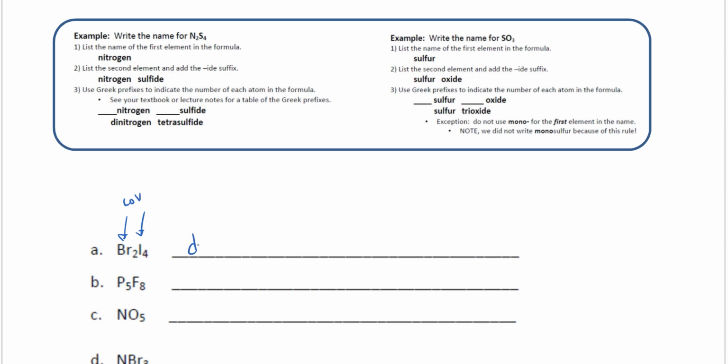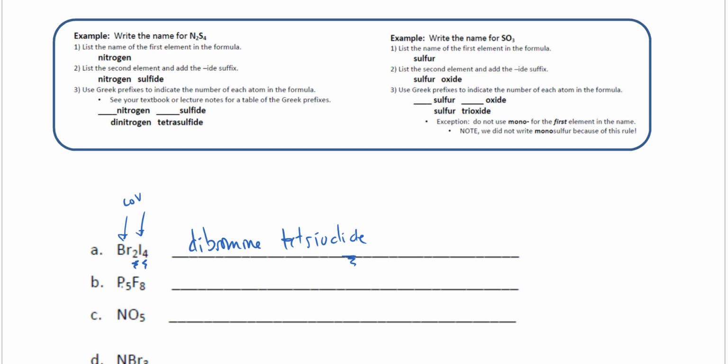Here I would write dibromine for 2, and then for 4, tetraiodide. What I've done here is replaced the ending of iodine with IDE, and because it's tetra followed by another vowel, an I, I dropped the A in the tetra and leave it as just tetraiodide.